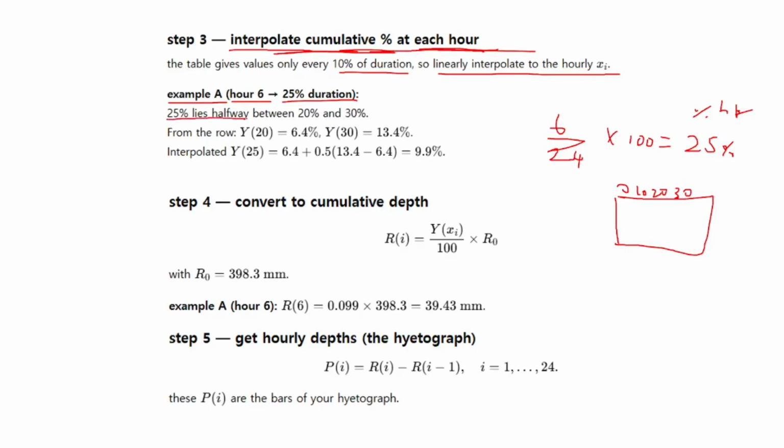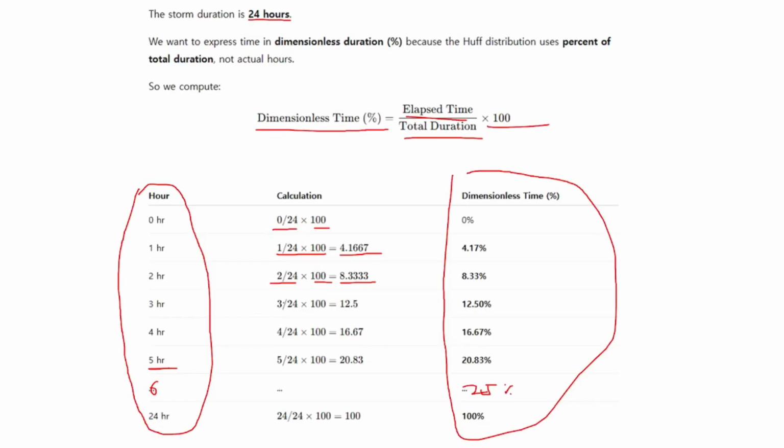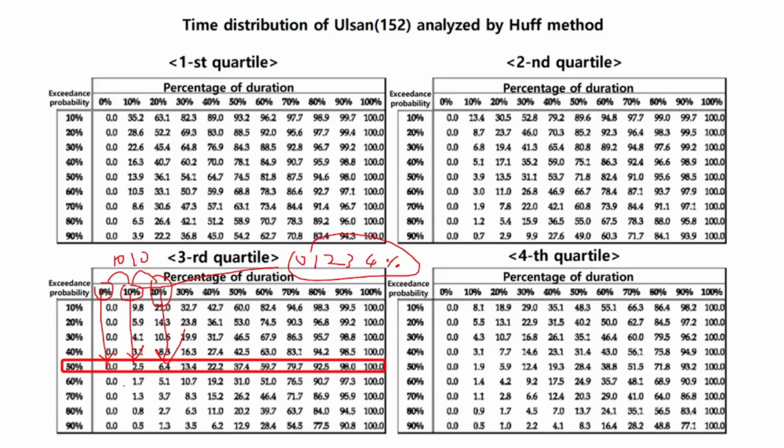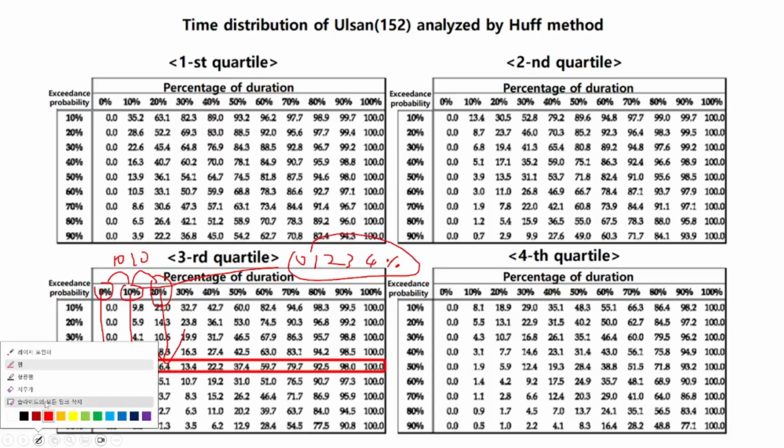See, 25% lies halfway between 20% and 30%, so we have to interpolate between 20 and 30 to get our value. So from the row, when it's 20%, it's 6.4. And when it's 30%, it's 13.4. And you can find these numbers in the table, right?